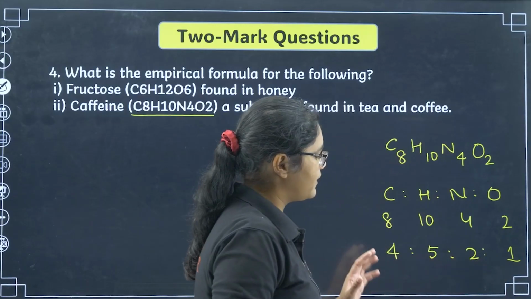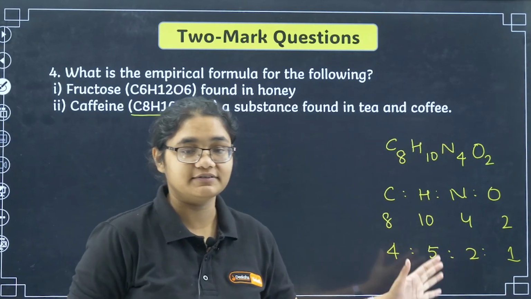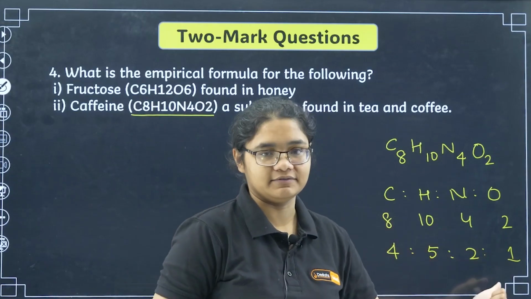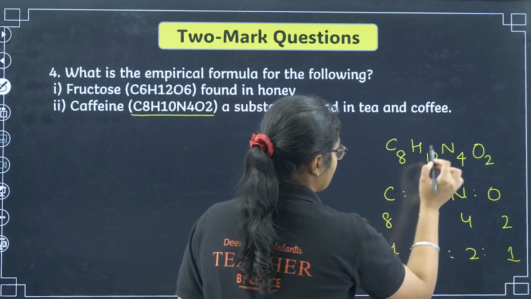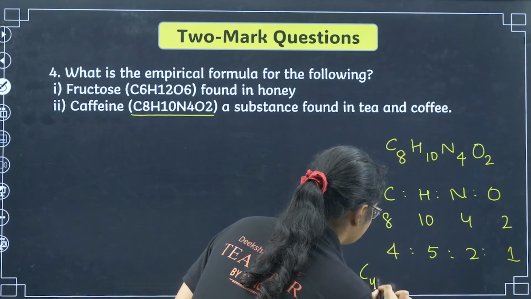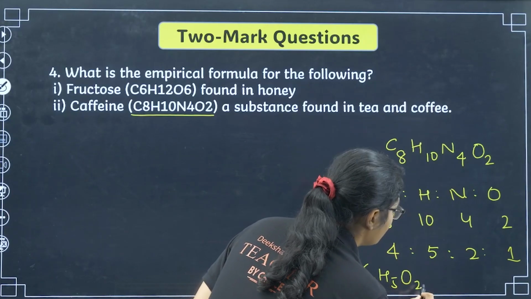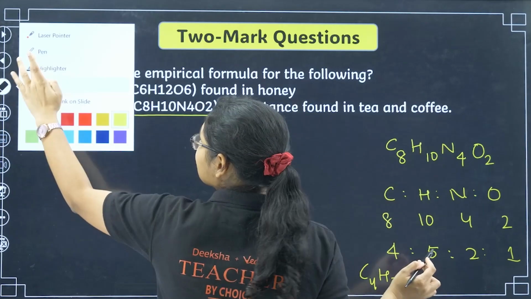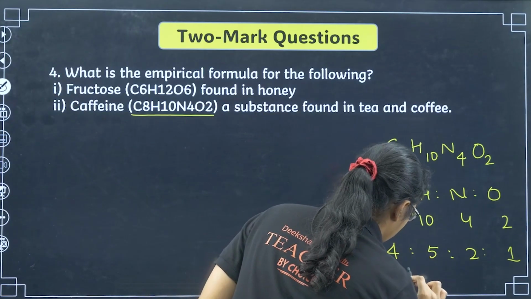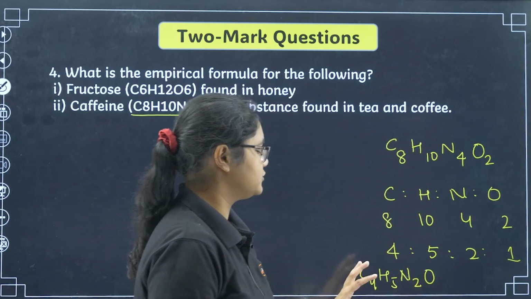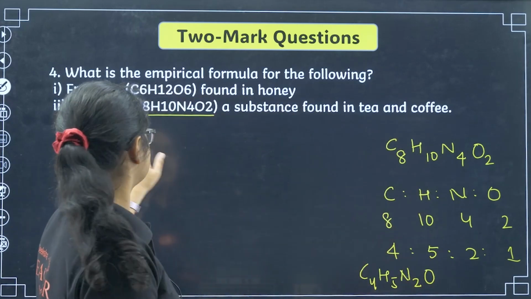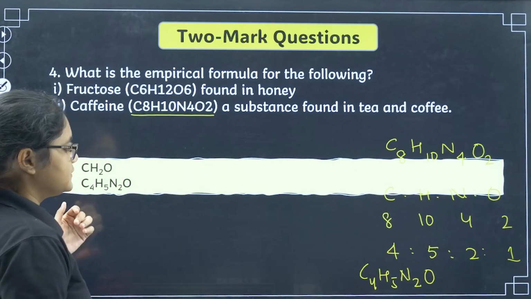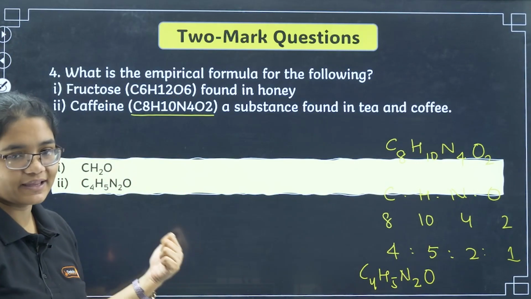Is there any number now by which all of them are divisible except 1? No, I cannot find any other number. So what is my empirical formula here? It will become C4H5N2O. That is the caffeine's empirical formula. Clear? So this is for fructose and this is for caffeine.